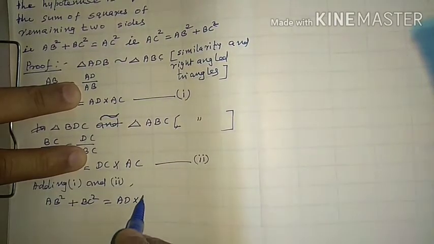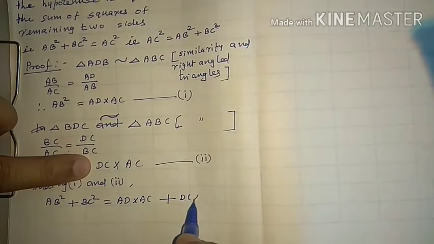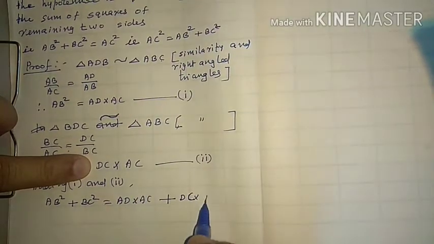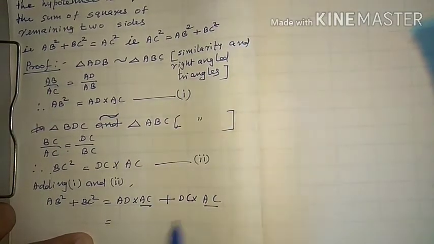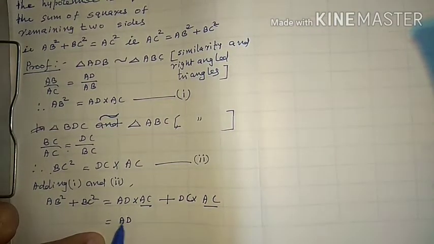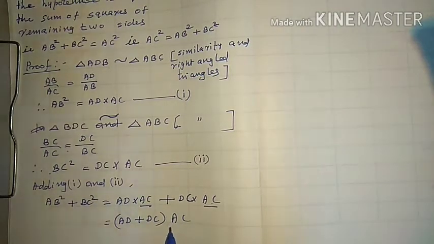AD into AC plus DC into AC. Now you see AC is common, take it out.